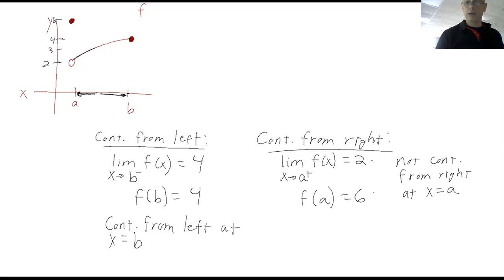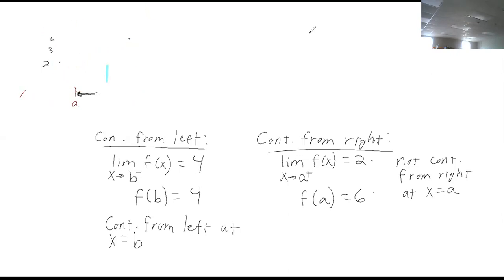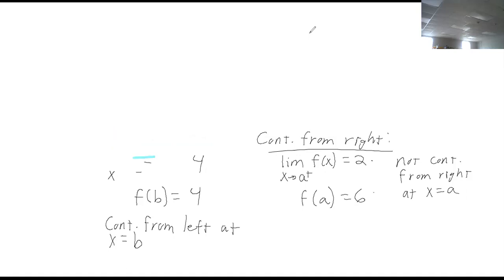All right, so let's go ahead and work an example with this stuff. Let's see. Erase all this stuff first. See if it lets me do this. Yeah. All right.